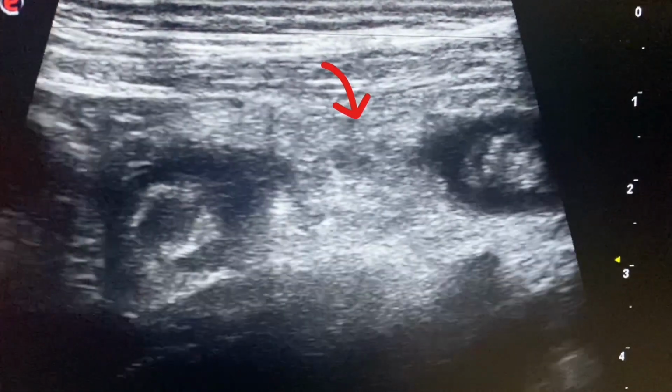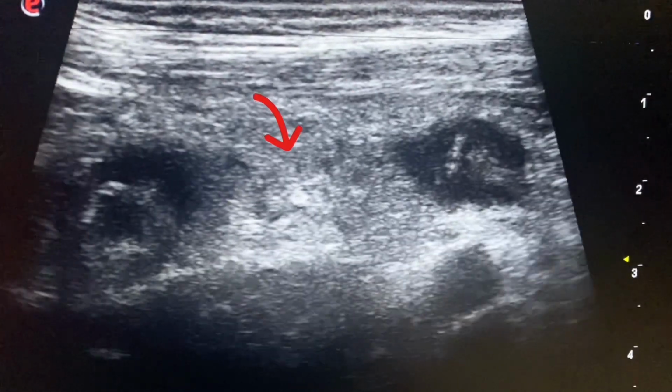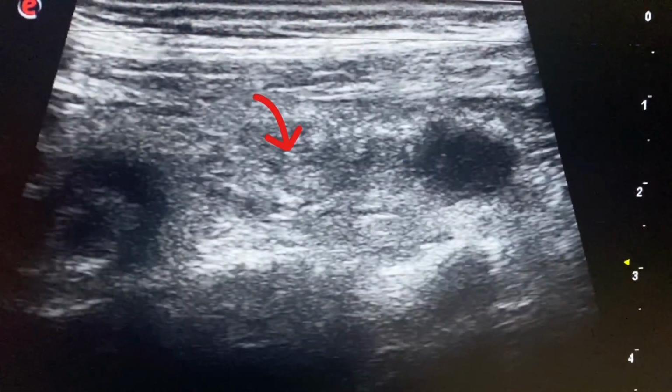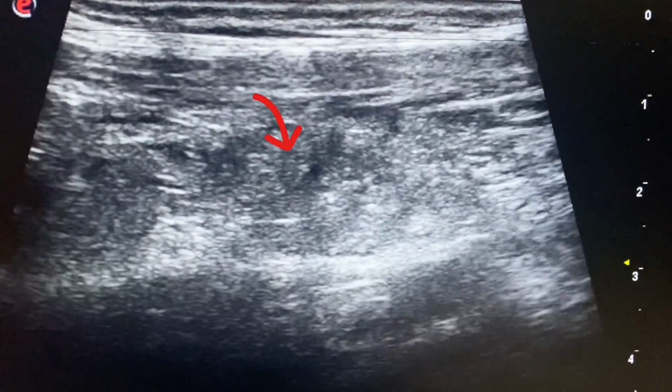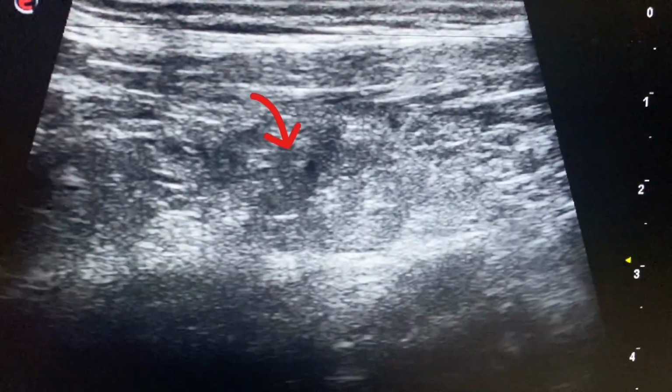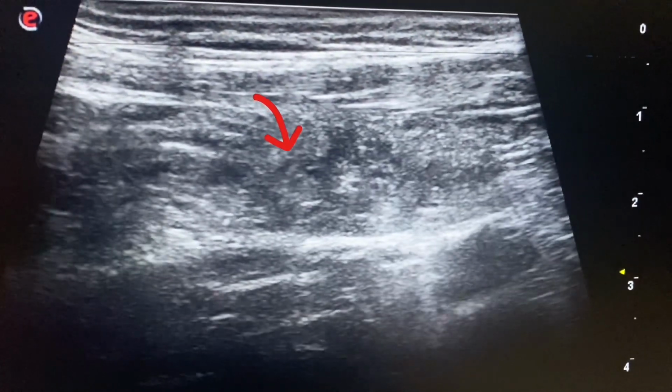Here we see the tissues around the appendix show heterogeneous texture due to inflammation, and here we see minimal fluid in the soft tissues due to inflammation and leakage of the appendix.